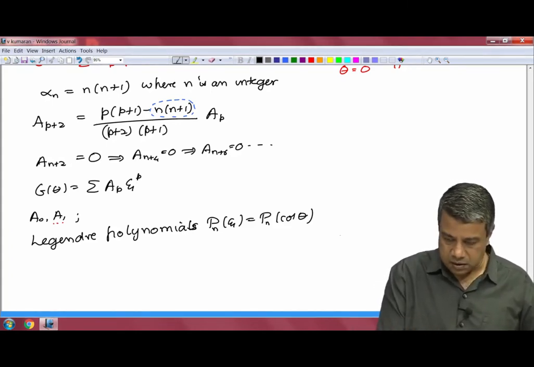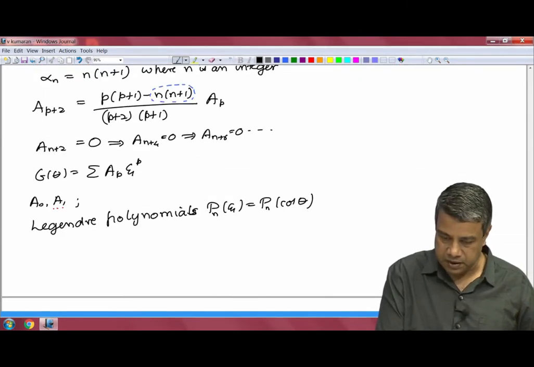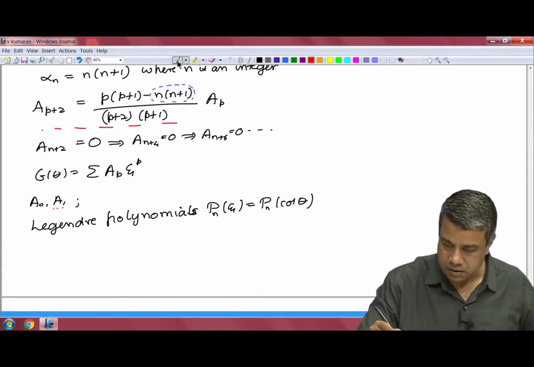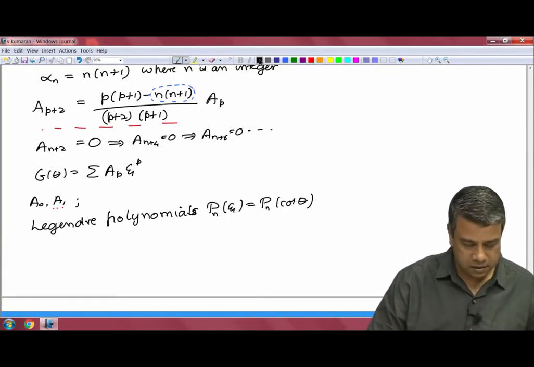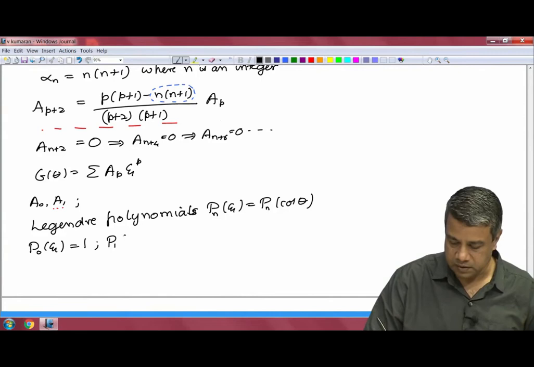You can calculate this using this recurrence relation. I will not go through the details of the calculation, but P0 of psi is just equal to 1. P1 of psi is just equal to psi.